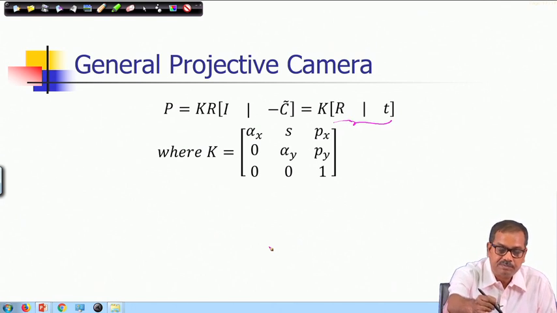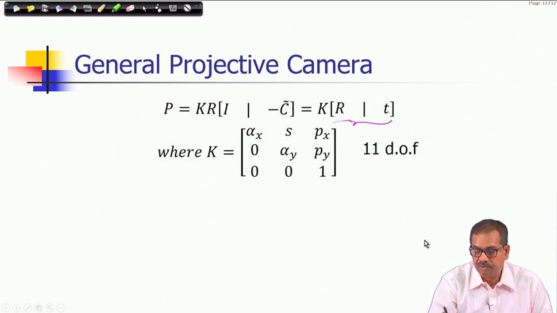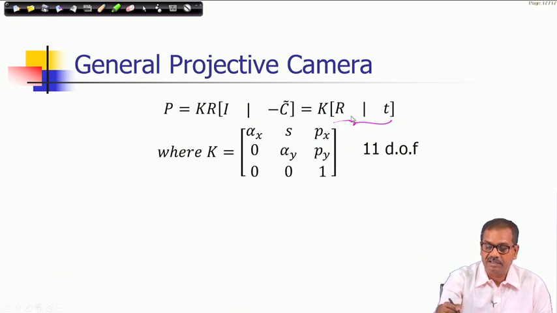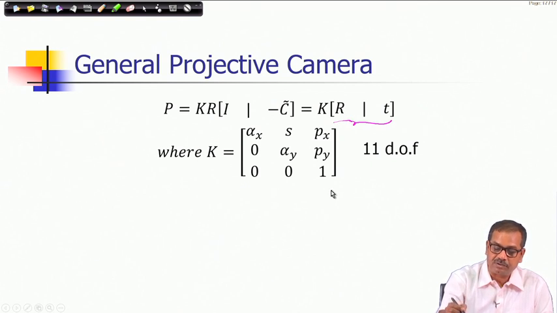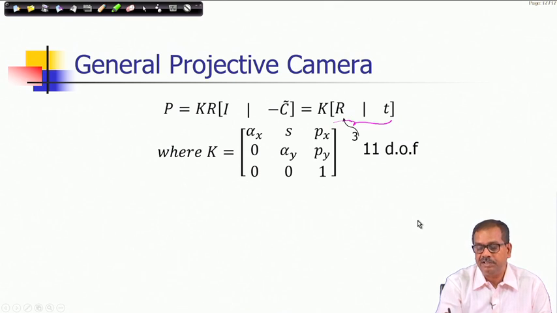So, these parameters are grouped into different forms. There are 11 degrees of freedom in this projection matrix, because it is associated with a scale factor, so there are 12 elements, and considering the scale factor, there are 11 independent parameters.